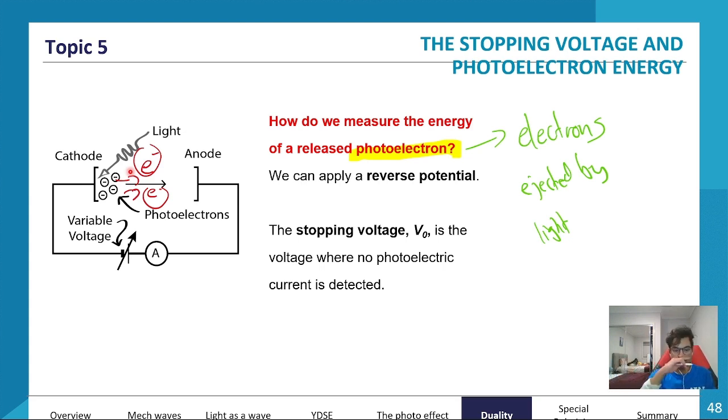So what the scientists did is, you can imagine this. Let's say we have a force in this direction of n newtons. We don't know how much force that is. But what you can do is apply a force in the opposite direction, and change the amount of force. Say you put 50 newtons, then 100 newtons, then 200 newtons.